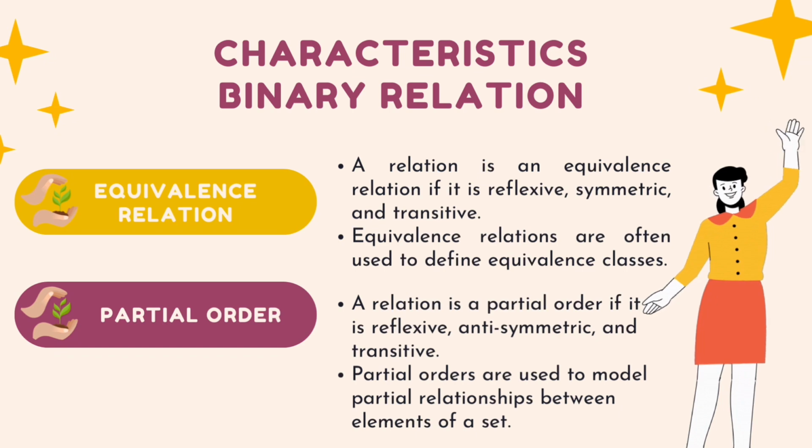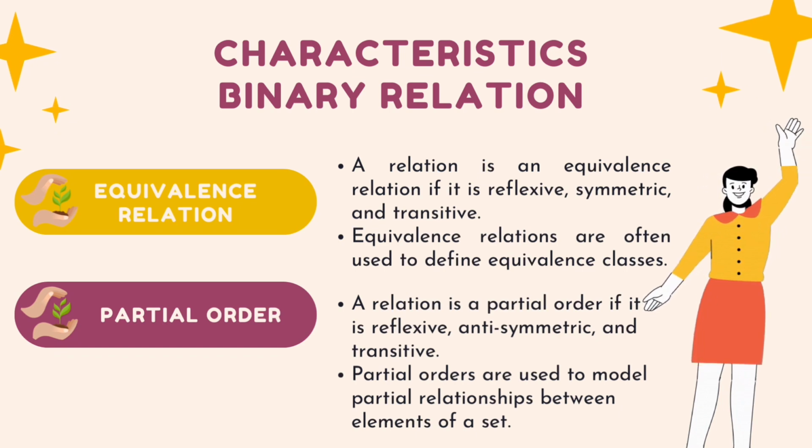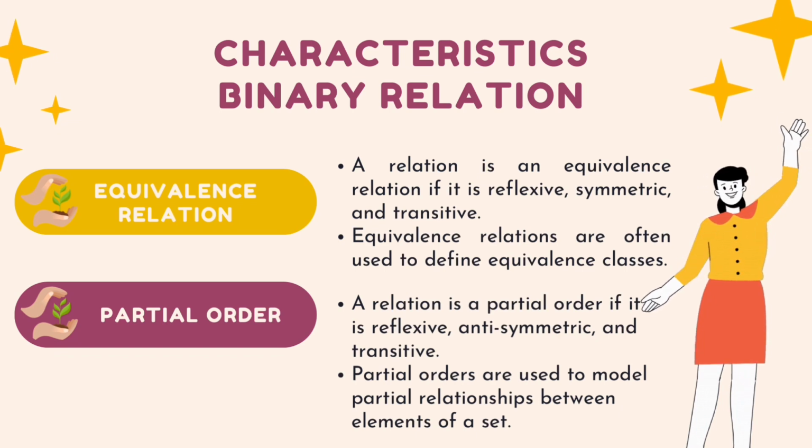A relation is an equivalence relation if it is reflexive, symmetric, and transitive. Equivalence relations are often used to define equivalence classes. The last one is partial order. A relation is a partial order if it is reflexive, antisymmetric, and transitive. Partial orders are used to model partial relationships between elements of a set.